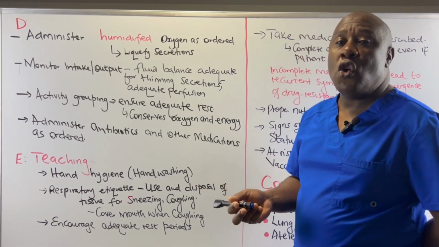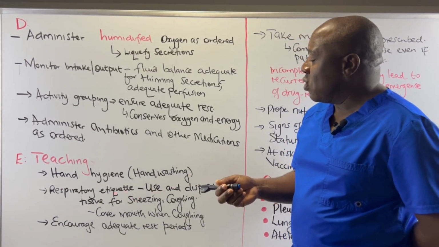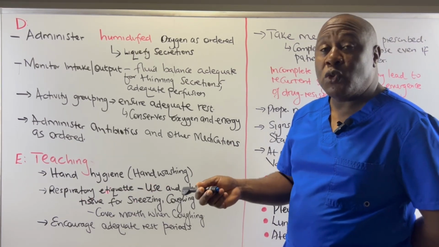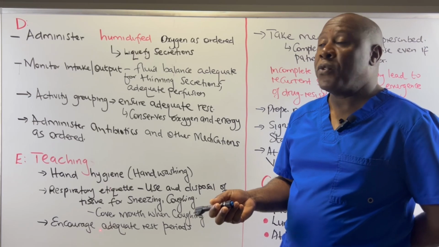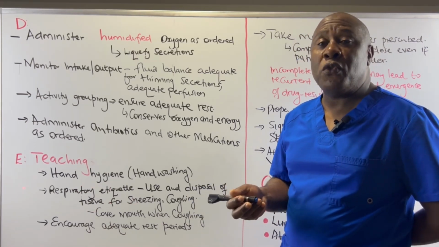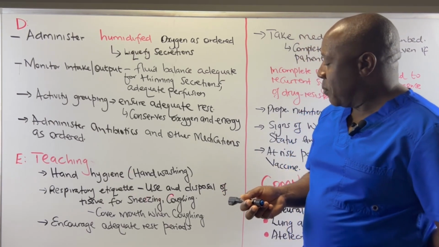This will go a very long way in preventing the spread of pathogens in the environment. So under respiratory etiquette, you teach them to cover their mouths when they are coughing, to use tissue when they are coughing and sneezing, and to dispose of the tissue immediately and properly.